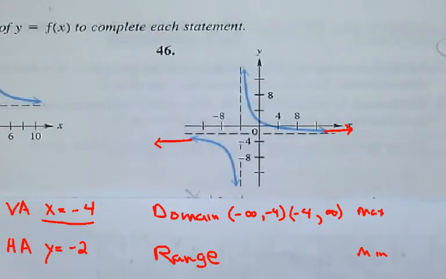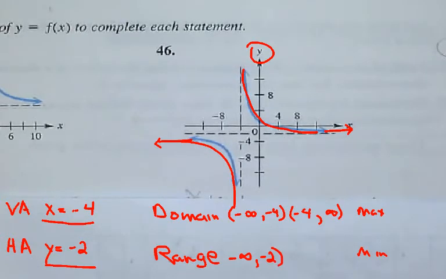You start at the bottom and you go up till you get to -2. This one goes this way and it never gets above -2. This one goes this way and it never gets below -2. So if we're talking the y values, then from -infinity up to -2, right?